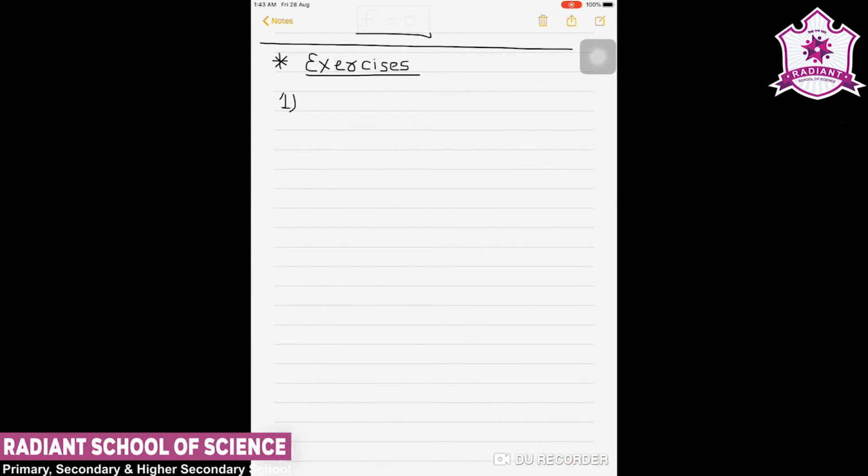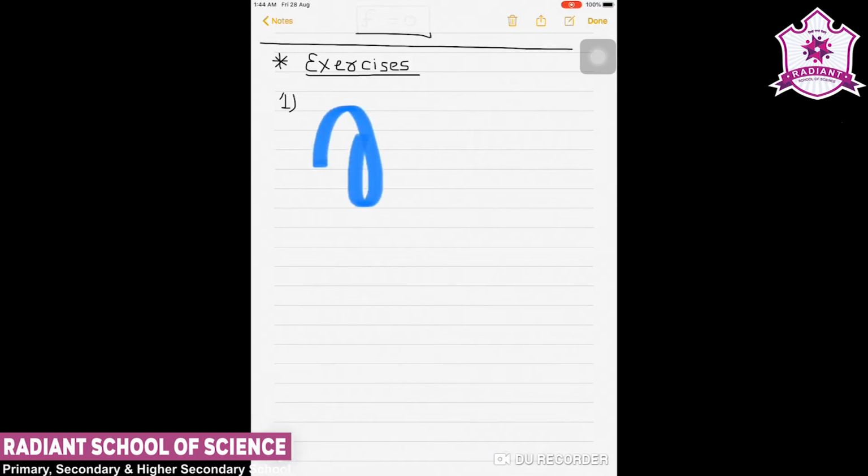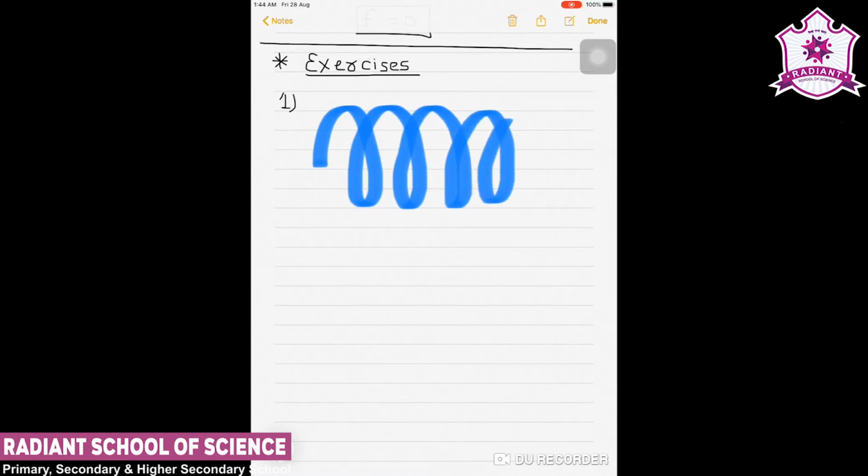First of all, let's see what is given. Here there is a coil of 100 turns. We can consider that it is made up of 100 turns, so the total number of turns N is 100.